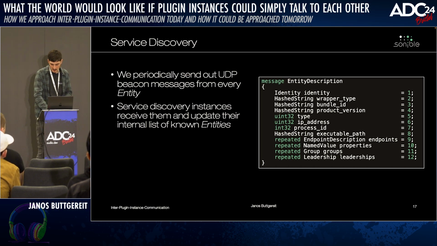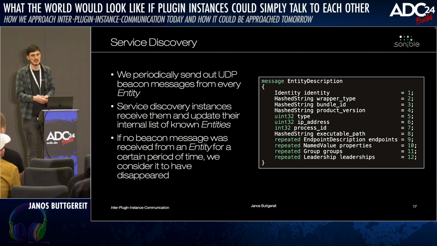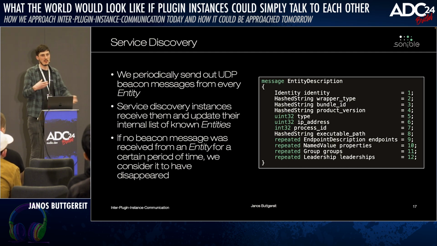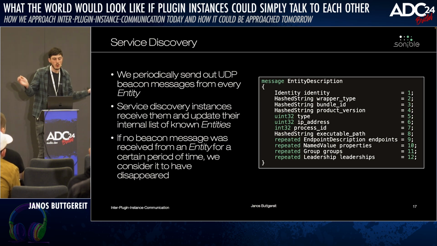And if at some point an instance disappears, they usually should send a bye message, and then everyone knows, oh, no, I'm gone. There might be scenarios where this does not happen. So in case a message has not been received for some time, we just consider it to have disappeared, which works.